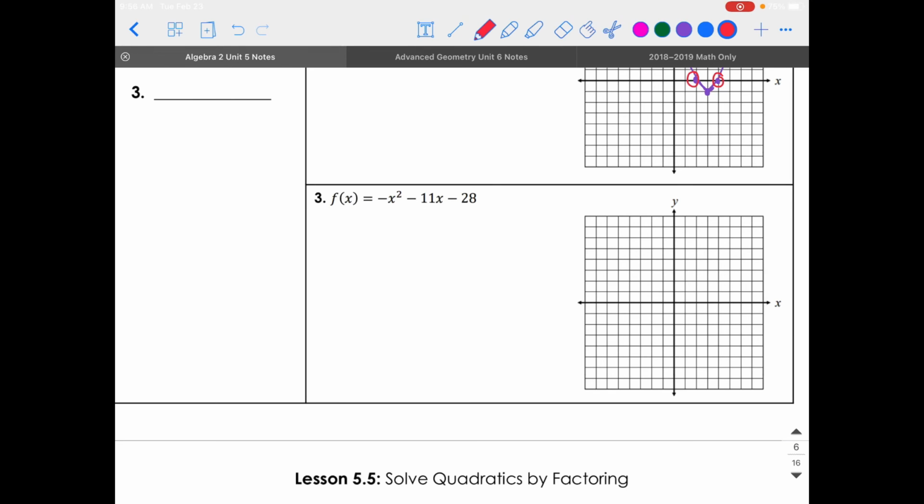Then we click second graph to look at the table. And I'm probably going to have to scroll up quite a bit to find some numbers that I can use.